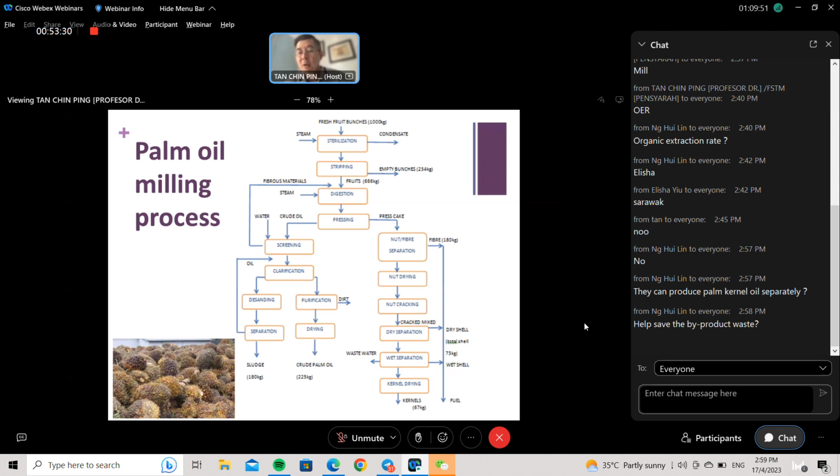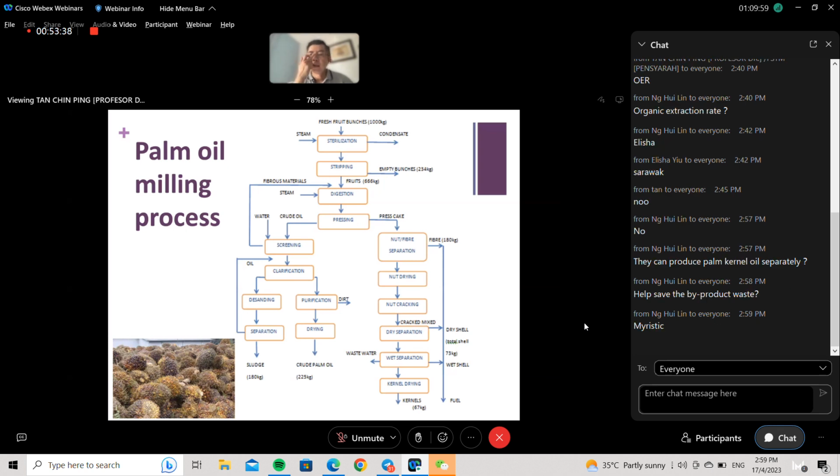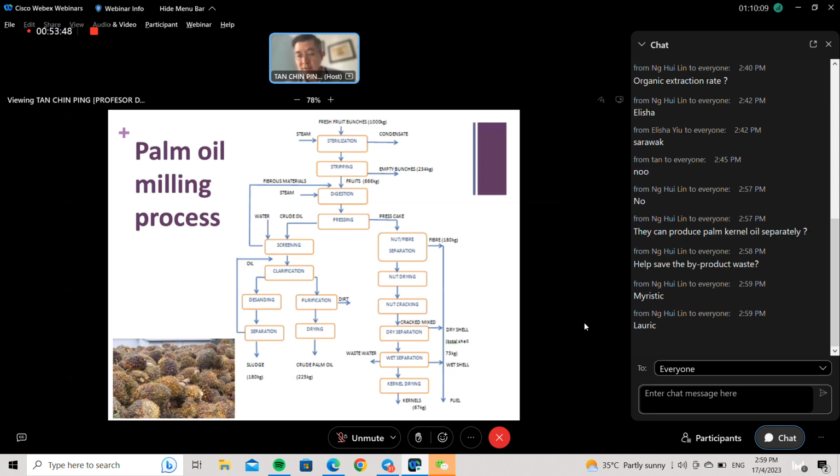Palm kernel oil, myristic? Yes, they have myristic, but the majority of it is C8, C12. What is C12? Myristic is C14. Oh, it's also unique. Yes, it is a lauric oil.